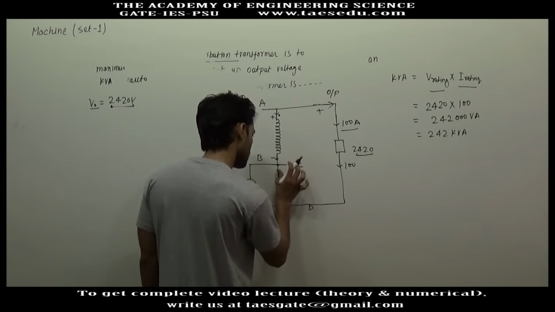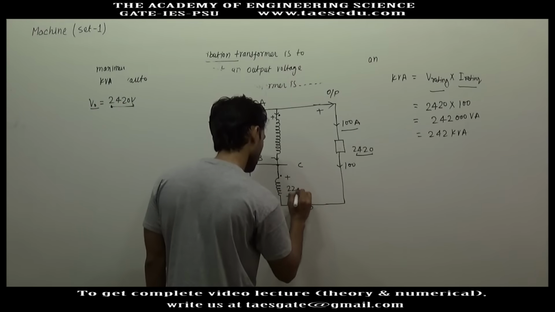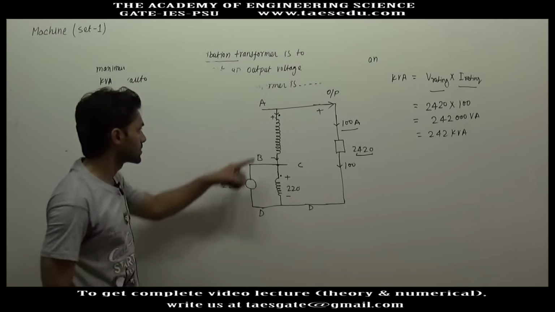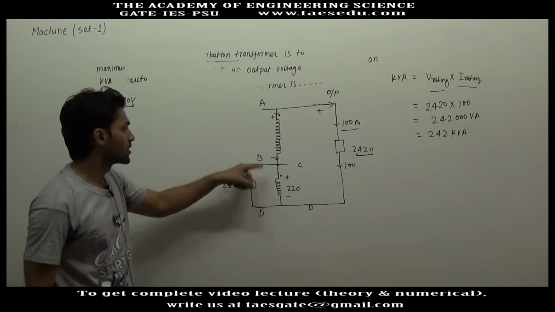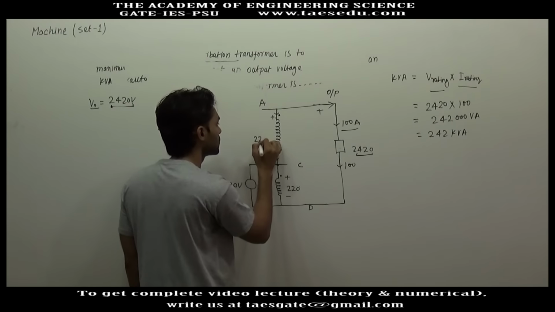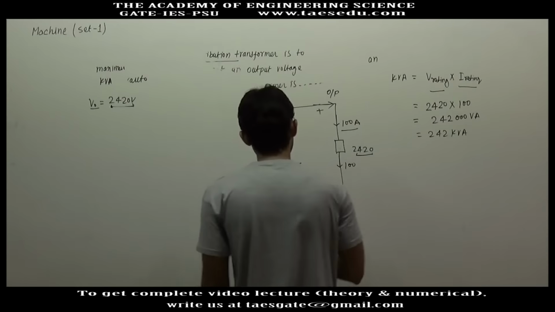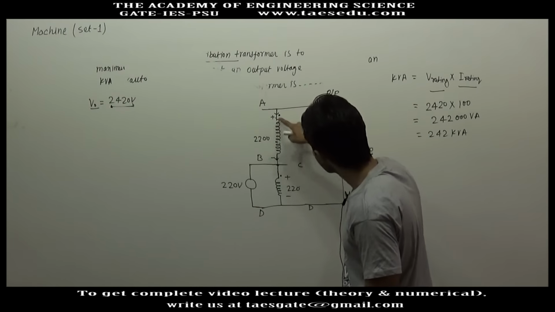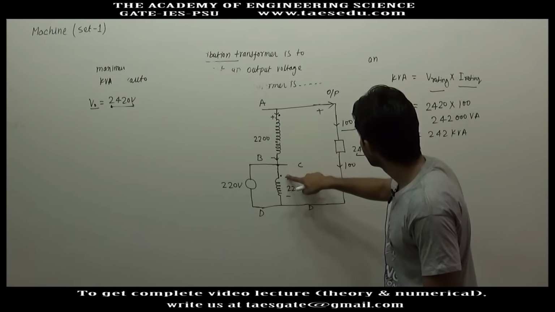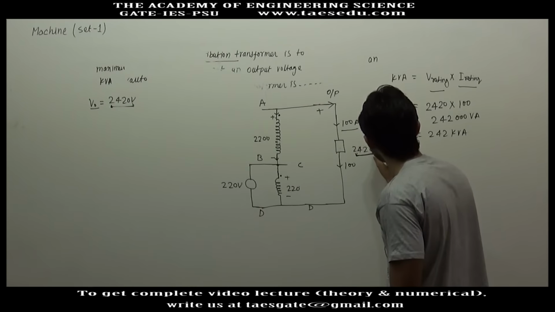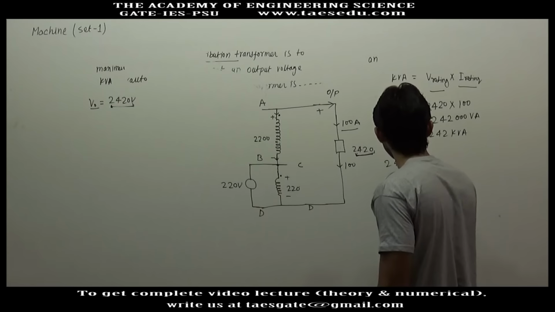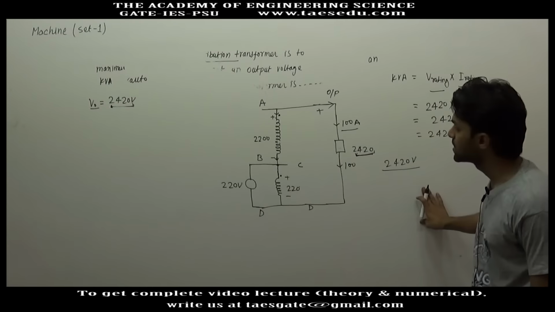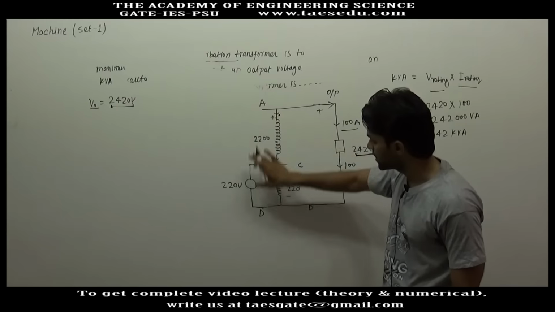If this voltage is 220 volt, these two windings are magnetically coupled and this is the high voltage winding, so according to the turn ratio this voltage will be 2200. Now if you apply KVL here, you have gain here also, so these two voltages will be added and in the output you will get 2420 volt. So you got the same output voltage even if I changed the input terminal.